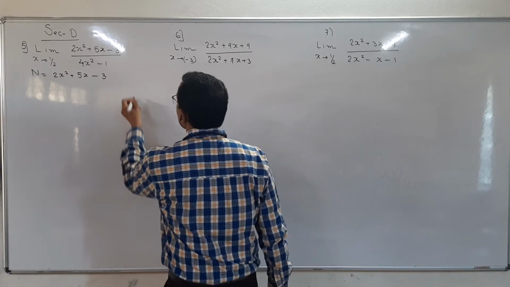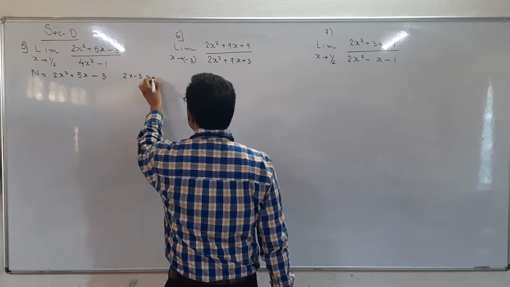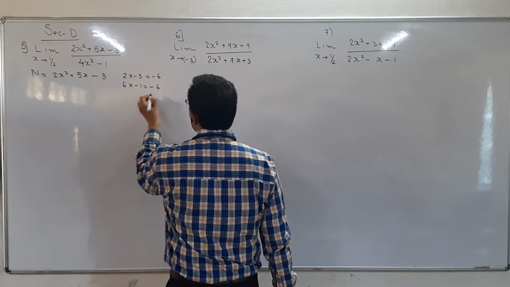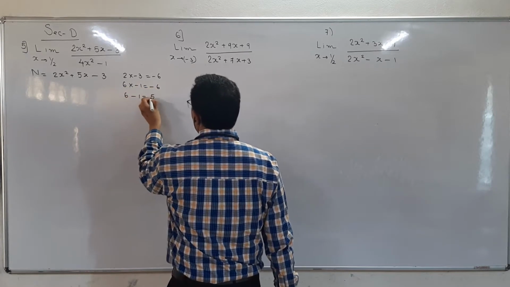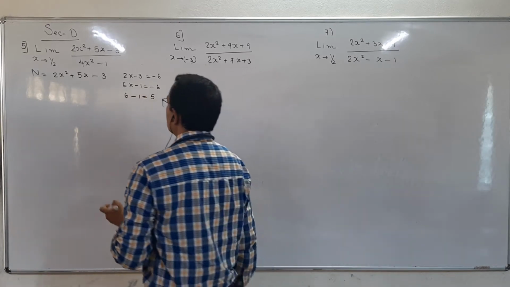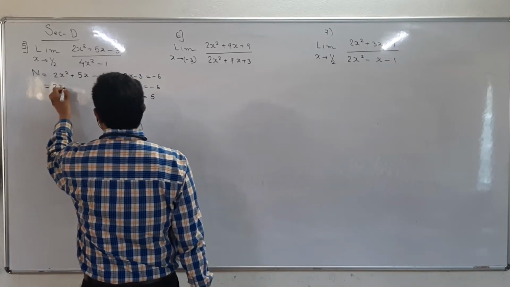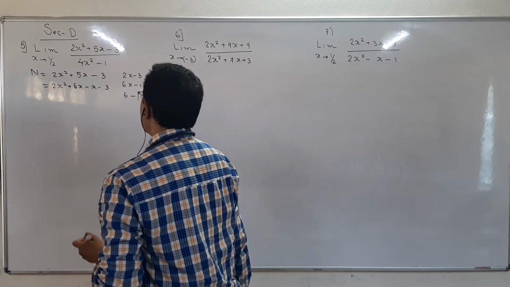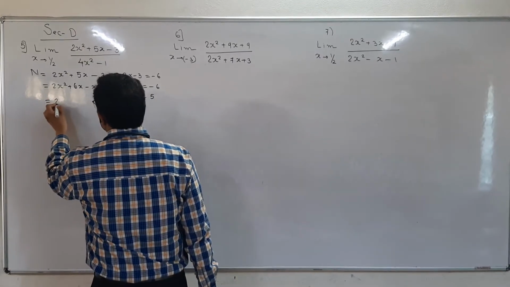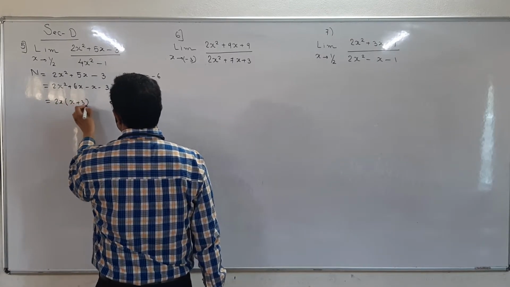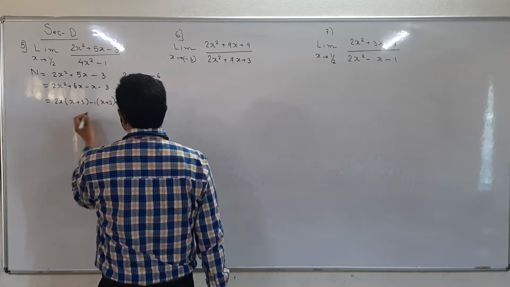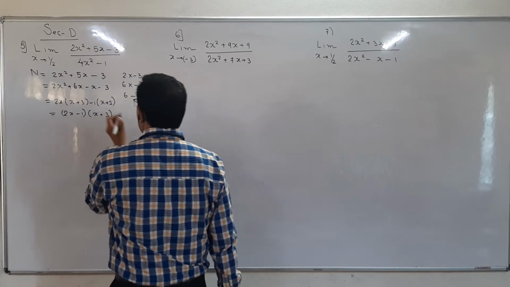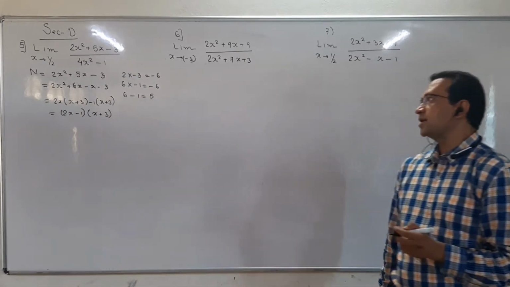Now 2 into minus 3 is minus 6, and 6 into minus 1 is also minus 6, and 6 minus 1 will give us 5. So we write twice x square plus 6x minus x minus 3. What is common from first two terms? Twice x. So what remains? x plus 3, minus 1 common, so x plus 3. So we get twice x minus 1 and x plus 3.